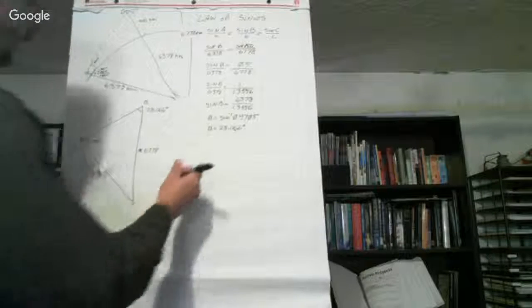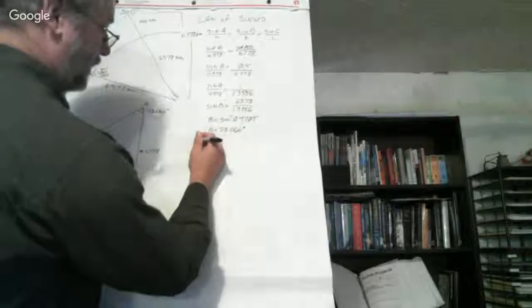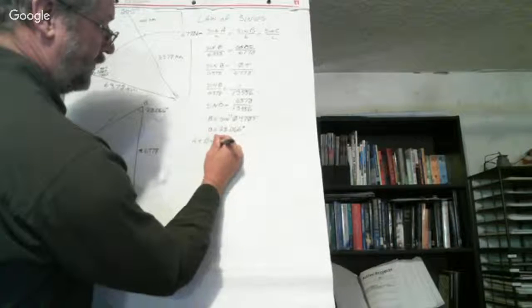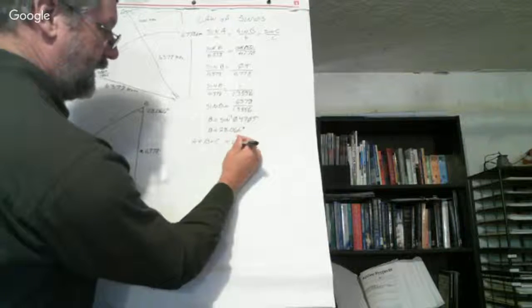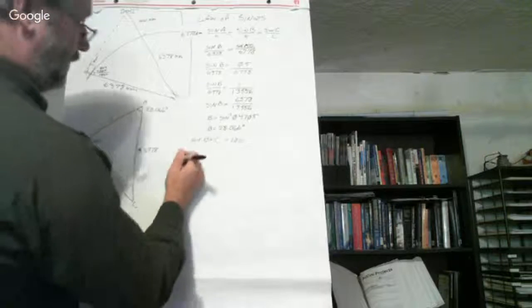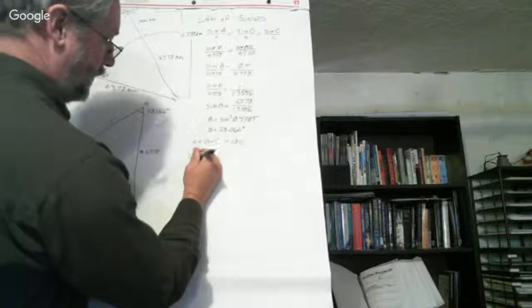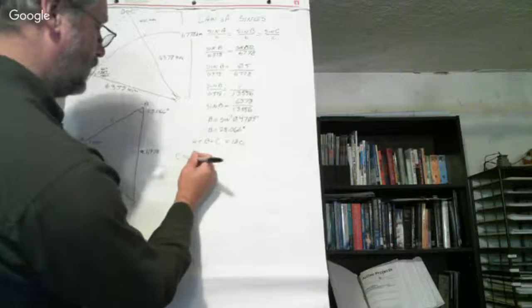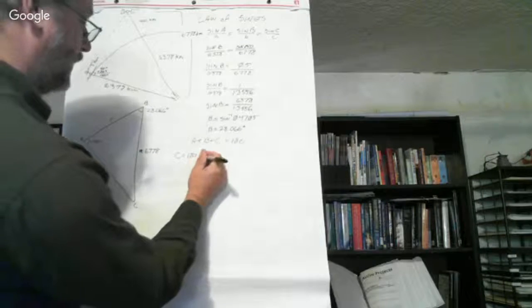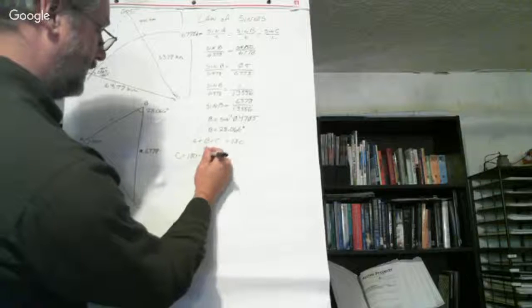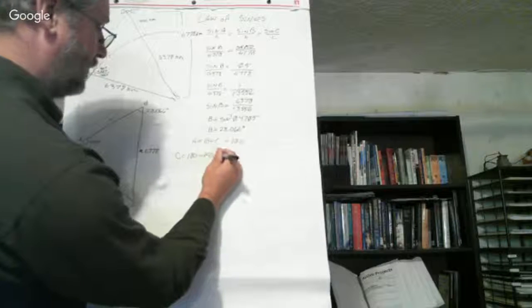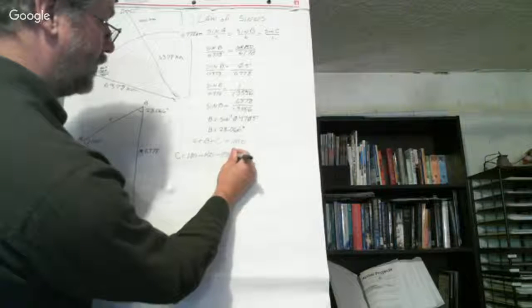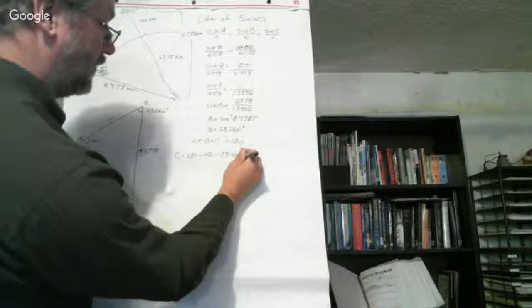So therefore, since A plus B plus C equals 180, we can derive that C is equal to 180 degrees minus 150 degrees, and then minus 28.066.